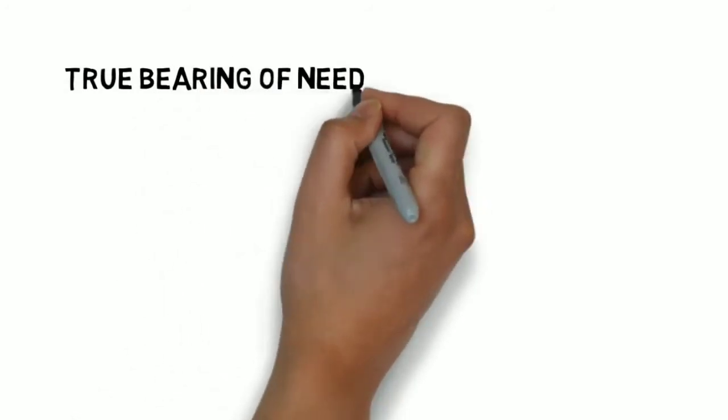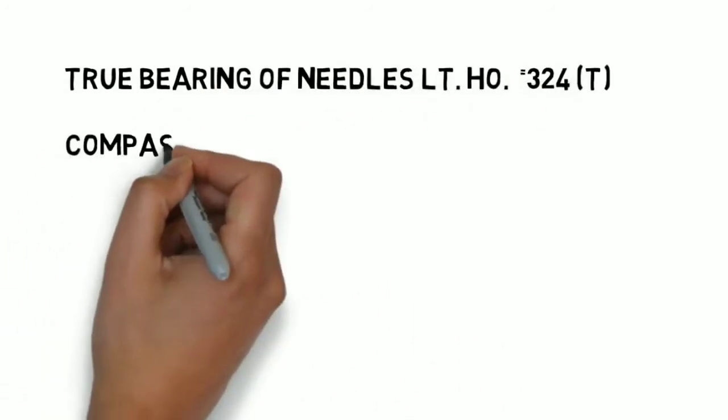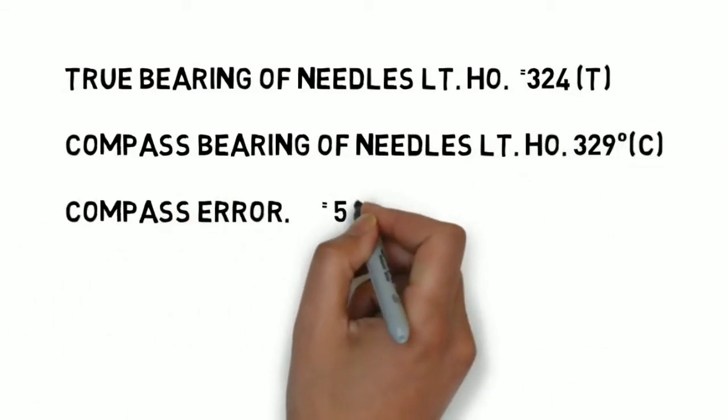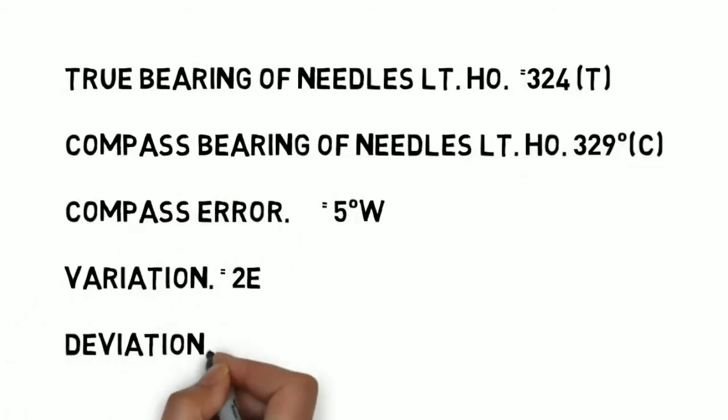So the true bearing of the Needles lighthouse is 324 degrees true, and the compass bearing of the Needles is 329 degrees. So compass error will be 5 degrees west, variation is 2 degrees east, and the deviation will be 7 degrees west.